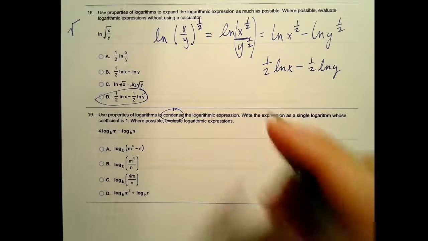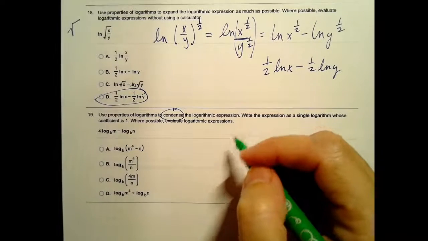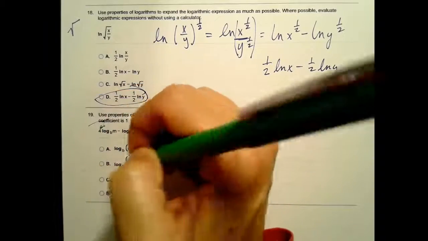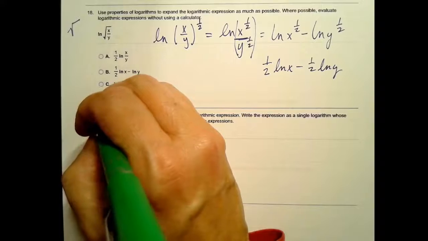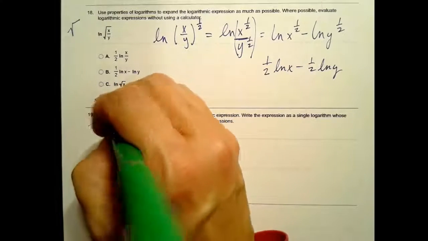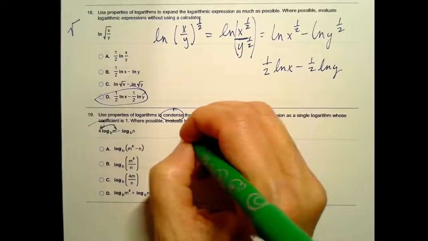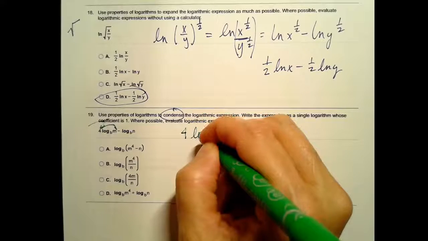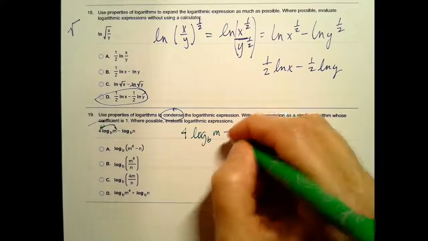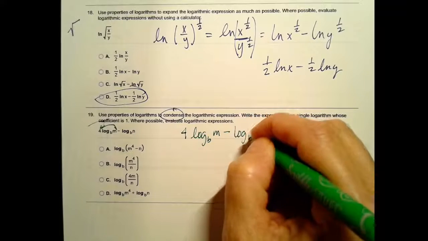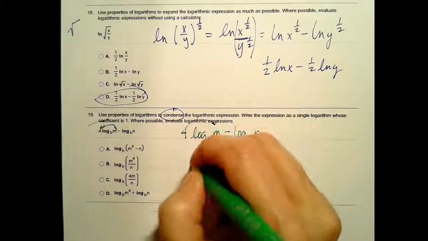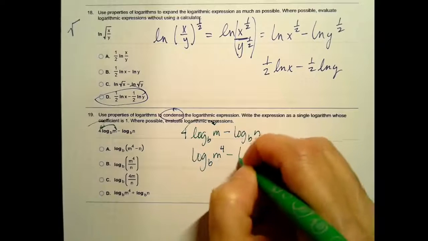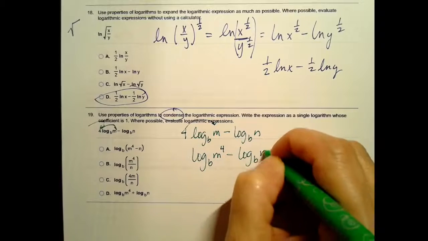So let's look at our first one. We know that if we have a number in front, it was the power. So let me write it out. 4 log base b of m minus log base b of n. So this is going to be the power. So log base b of m to the 4th minus log base b of n.